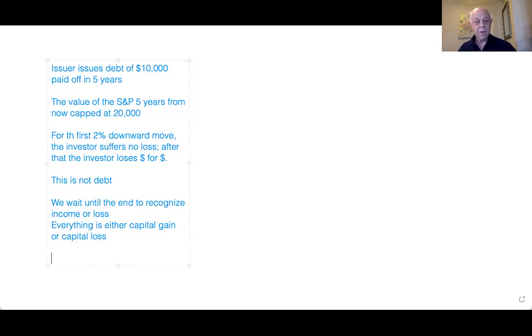If we receive $17,000 5 years from now, we have a $7,000 long-term capital gain.